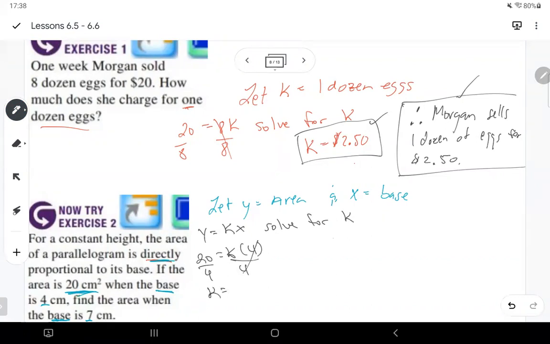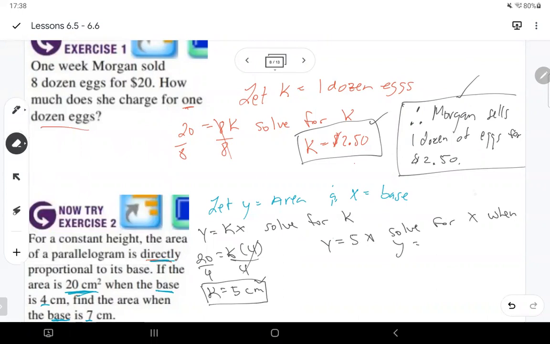So then k would have to be 5 centimeters. But you're not done, because now you have to write it as y equals 5x and solve for y when x is 7.